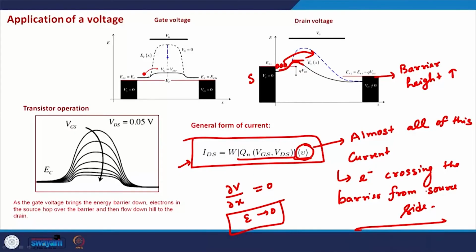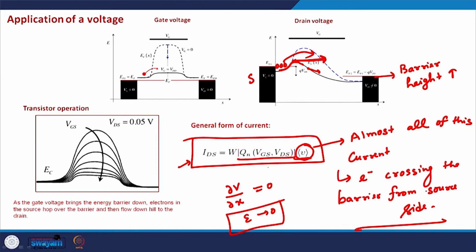So the velocity at the top of the barrier is without any electric field, and then there is the velocity at any other point. For example, at this point there is an electric field in the channel. There is a positive voltage on the drain side which will attract electrons, so the velocity will be more at this point as compared to the velocity at the top of the barrier.